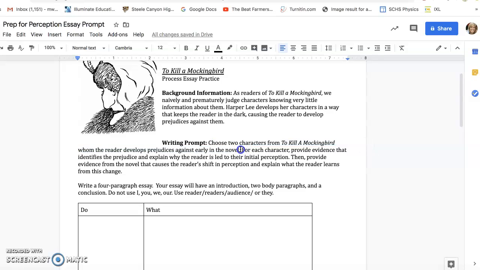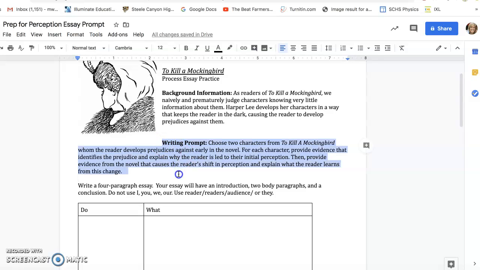For each character, provide evidence that identifies the prejudice and explain why the reader is led to their initial perception. Then provide evidence from the novel that causes the reader's shift in perception and explain what the reader learns from this change. So this is a massive prompt.